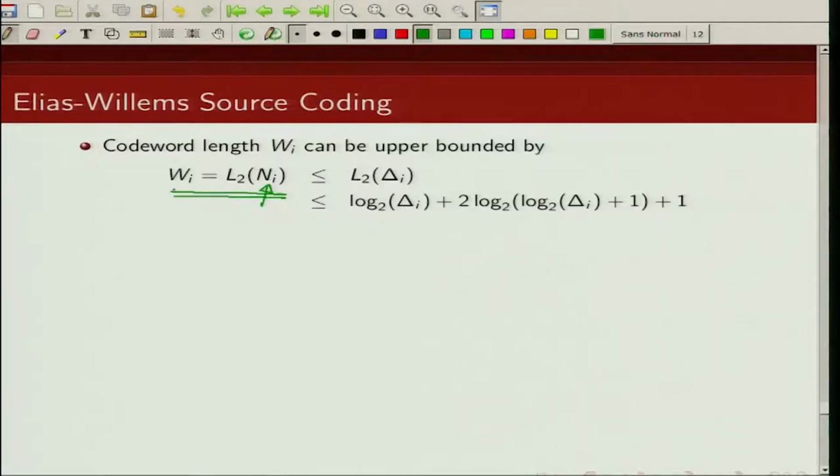So, this code word length Wi is upper bounded by the length of Elias code 2 of delta i. Now, we know what is the length of the Elias code 2.